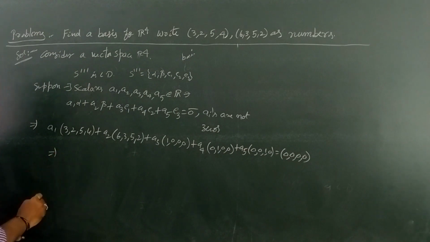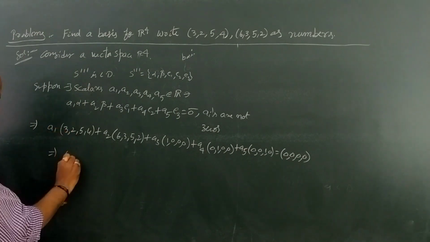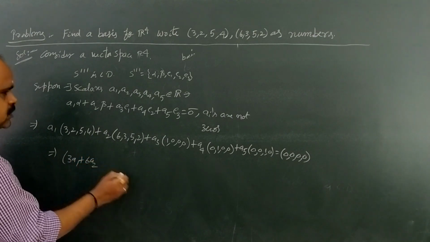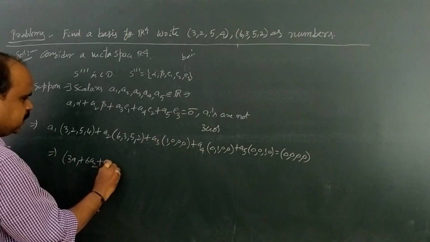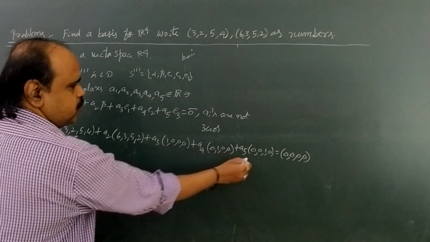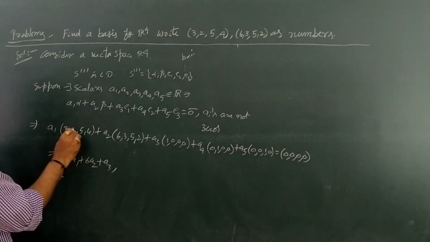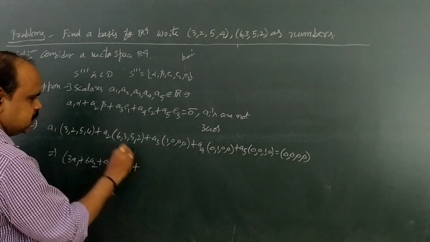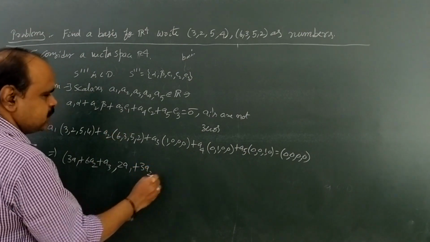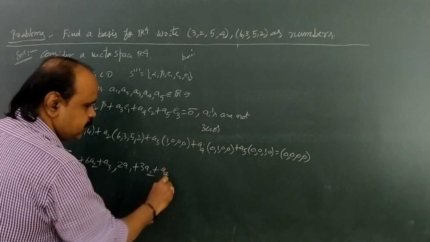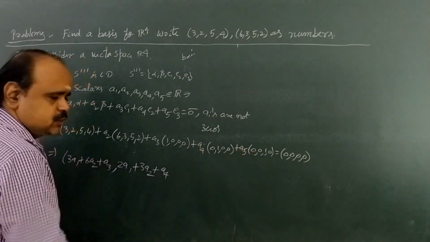Okay. Now add component wise addition. 3a1 plus 6a2 plus 1 into a3 plus 0 into a4 plus 0 into a5 equals zero, comma next second coordinates 2a1 plus 3a2 plus 0 into a3 plus 1 into a4 plus 0 into a5 equals 0.